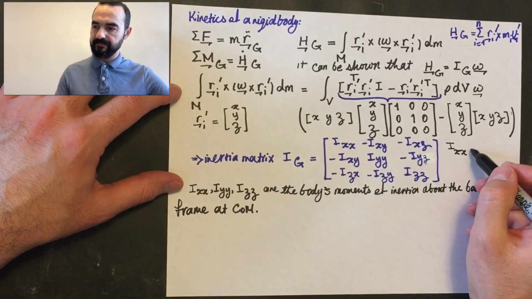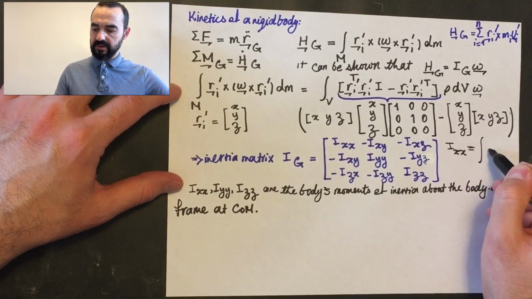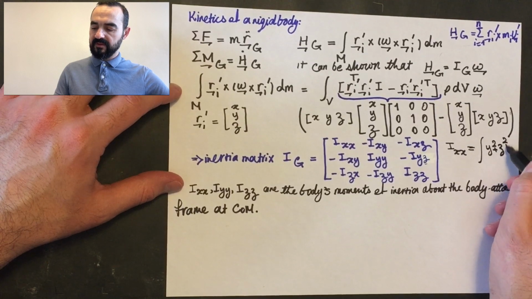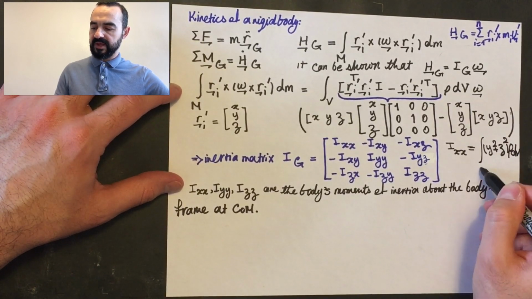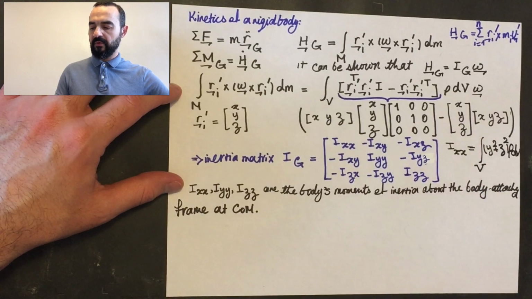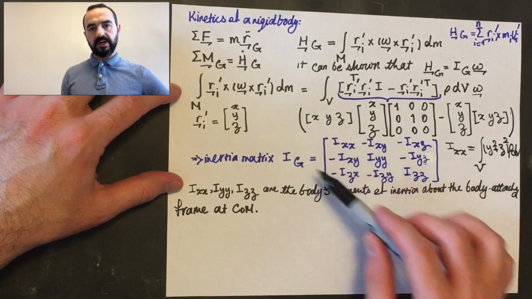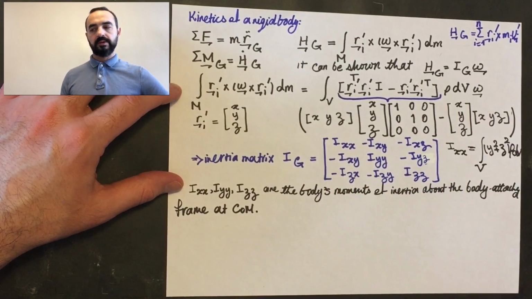So you get Ixx equal to the integral of y squared plus z squared, rho dV. And the integral is performed over the volume. And you can easily show what each of these components is equal to, right?